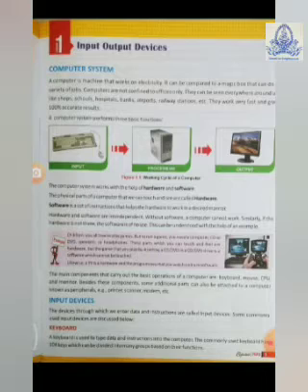Input means what? Suppose we have a keyboard, so we have to type some alphabets, some symbols, some characters, some numbers. You can type it on your keyboard, and that will be processed by your central processing unit, which you can call the CPU, and whatever you type will be displayed on your computer screen.